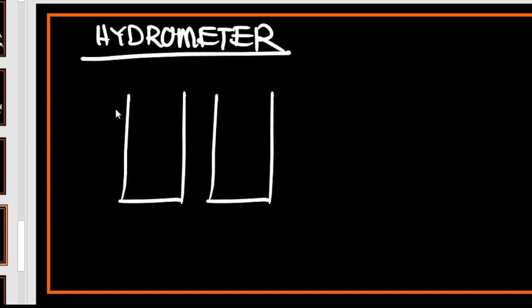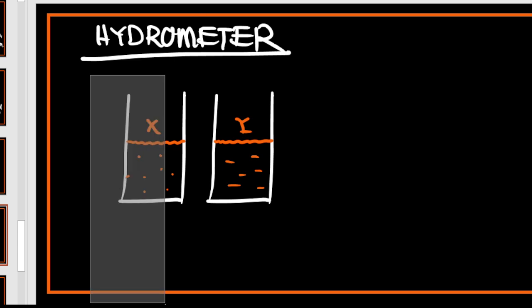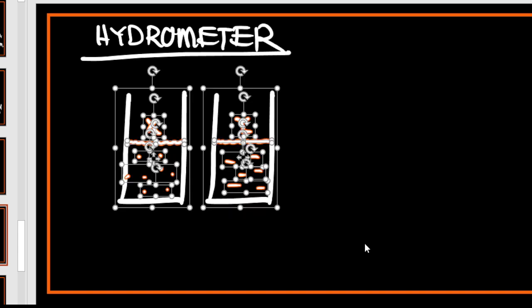Now in the first container we have a liquid, and both of them have liquid to the same depth. So this is a liquid here, let's call this X. Then here we have another liquid, let's call it Y. The same hydrometer was dipped inside the two liquids.